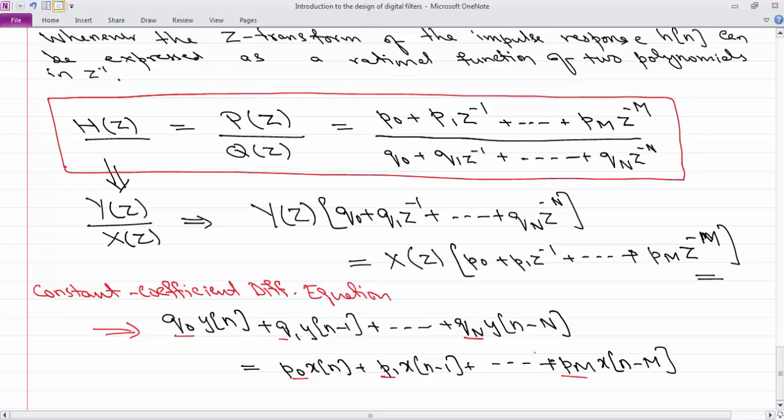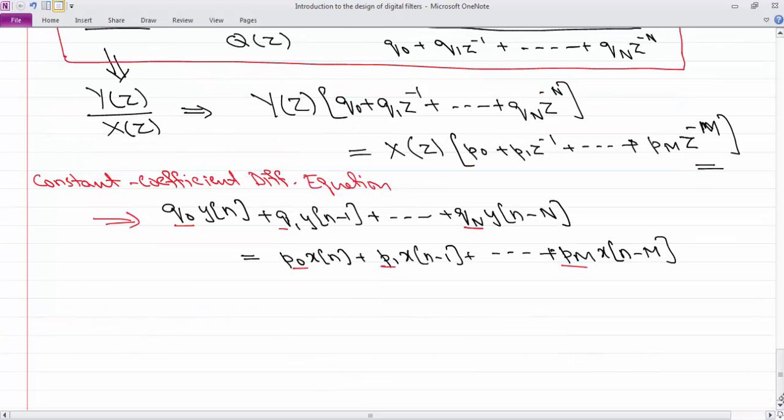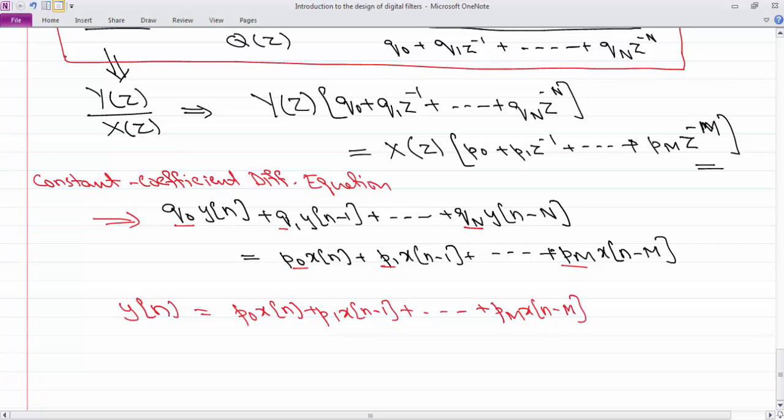So you can write your y[n]. Of course, I can take it on the other side. I can write my y[n] equal to p0 x[n] plus p1 x[n minus 1] plus pm x[n minus m], and then I take the other quantities here, so it's minus q1 y[n minus 1], keep on going, minus qn y[n minus N], divided by q0.